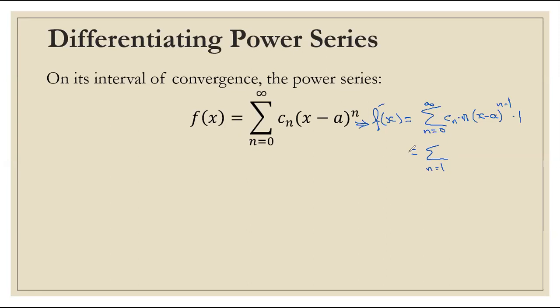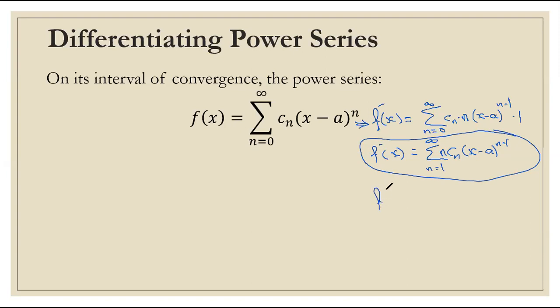No need to write 0 plus some terms. And by the way, if you wrote 0 plus some terms, you didn't make any mistake. But to make my writing simple, no need to write the first term, which is 0. So here Cn times n, x minus a to the power n minus 1. So you can write in your cheat sheet that the first derivative is given by this formula.